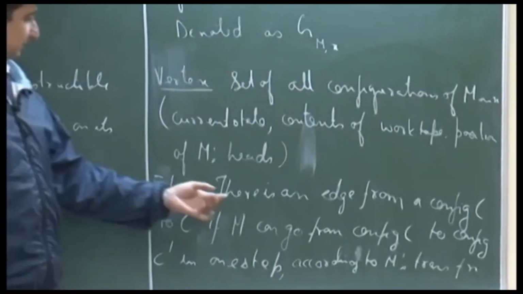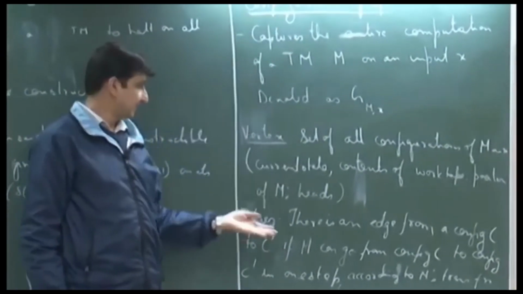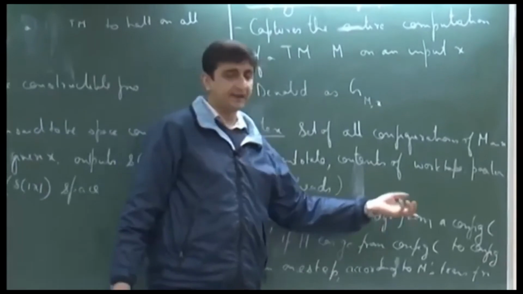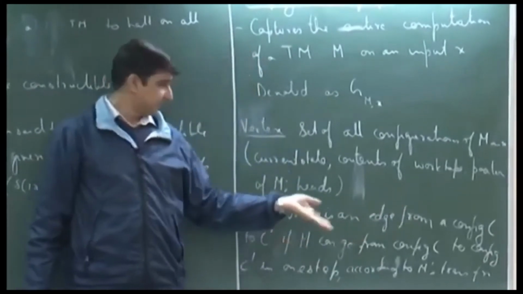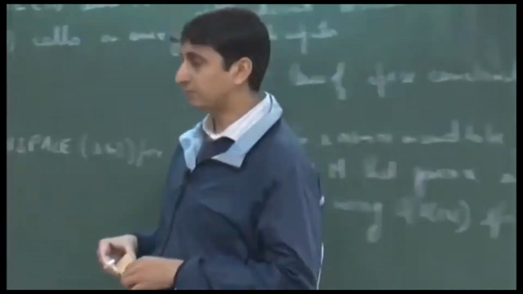So basically, the graph that we are looking at is a directed graph, and we put a directed edge from a configuration C to C prime if C prime can be reached in one step from C.